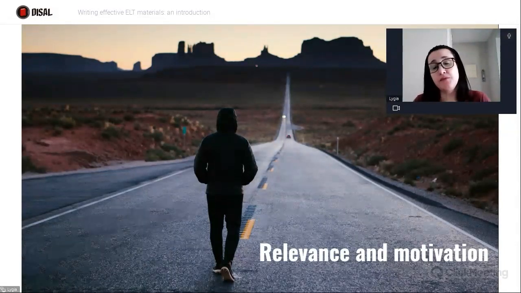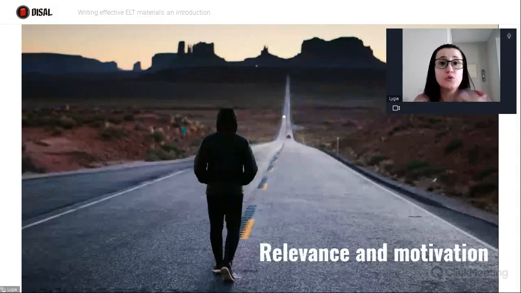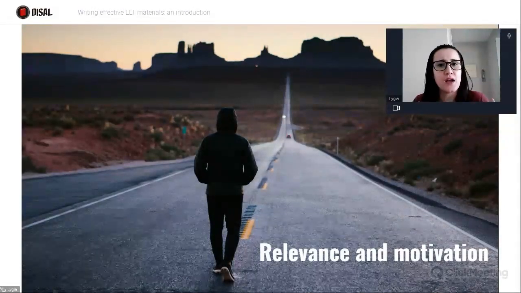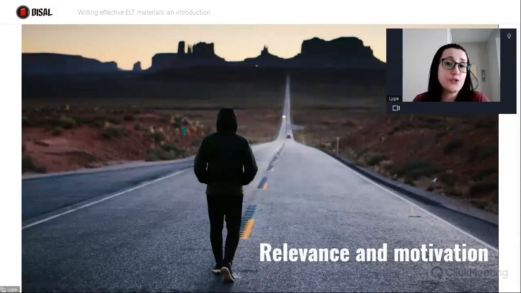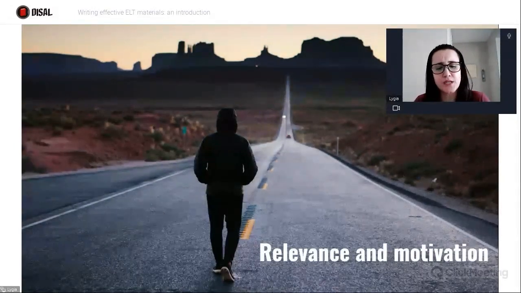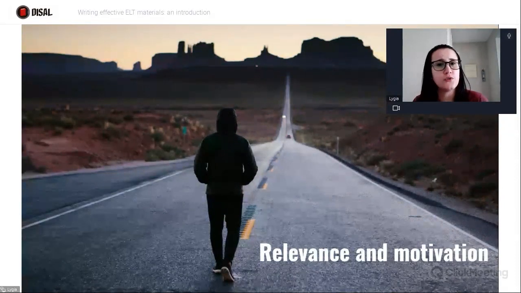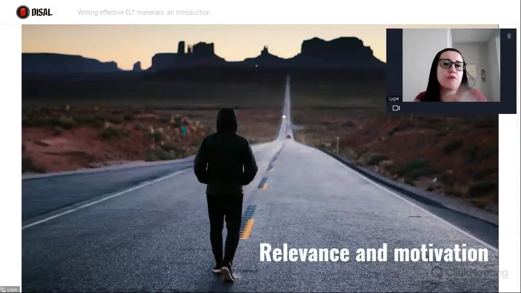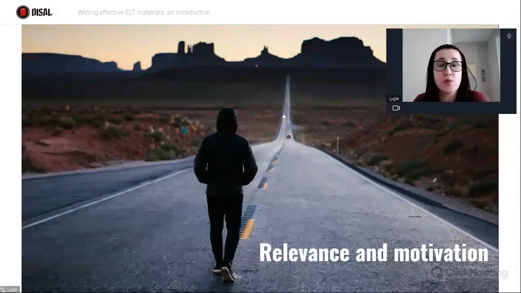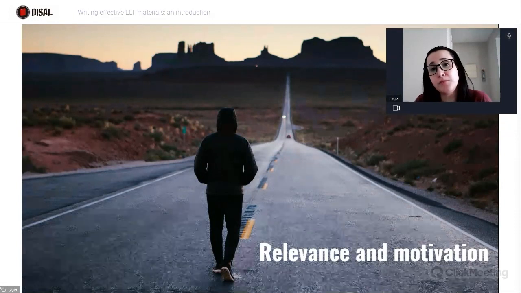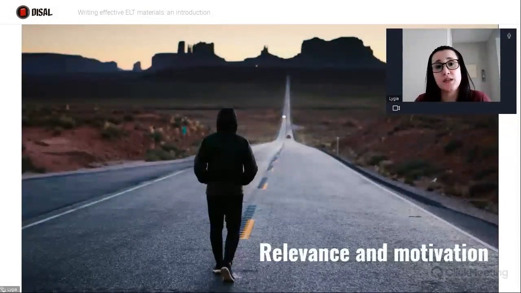So, if you are writing a controlled practice activity, for instance, and the target language is going to, well, you can write a dialogue with two characters, for instance, talking about what they want to do in the future, their future careers, their plans for their careers. And this might be very relevant to older teenagers who are still thinking about the career they want to pursue in their lives. But if your students are older students, if they're adults who have already decided what they want to do in life, this type of activity might not be so relevant and therefore not so motivating to them.